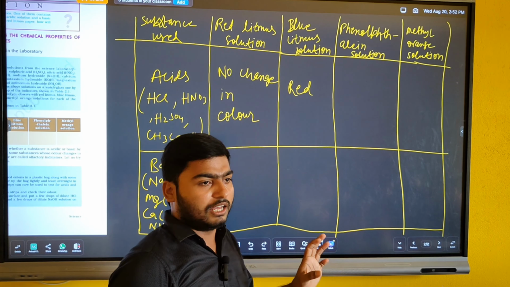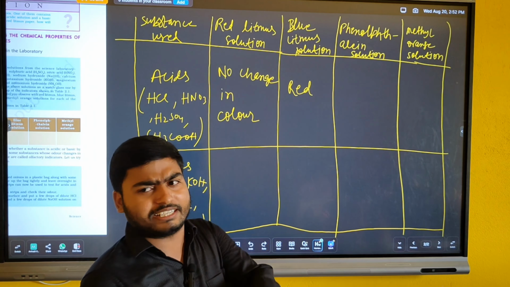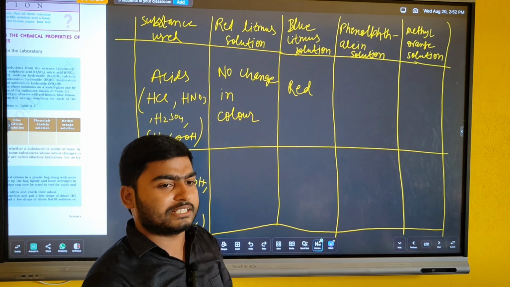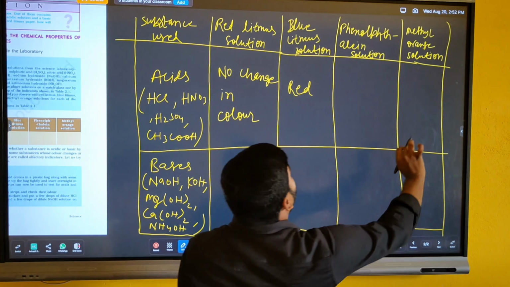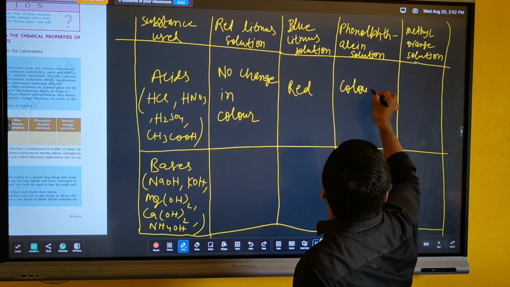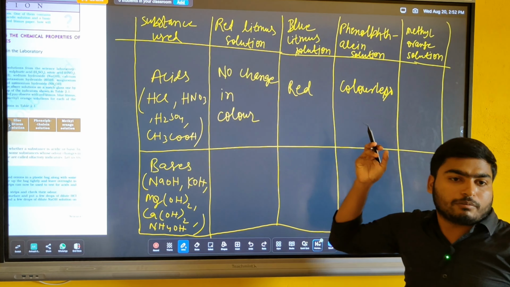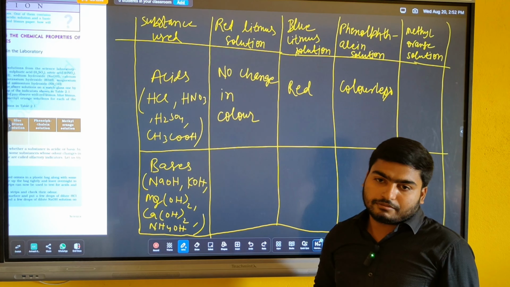When you put acid in phenolphthalein, there won't be any change in color. That you have to remember also. So it will still be colorless only, with any of these acids.